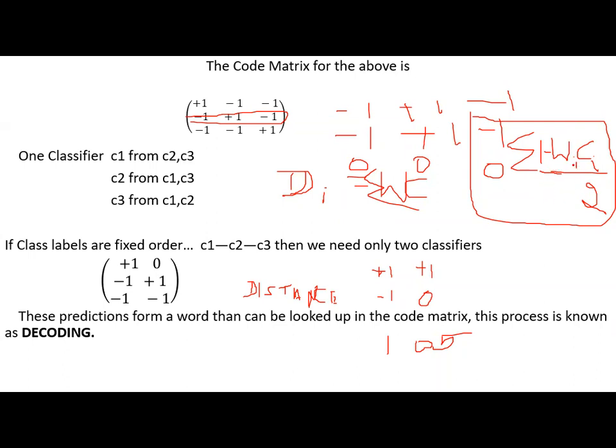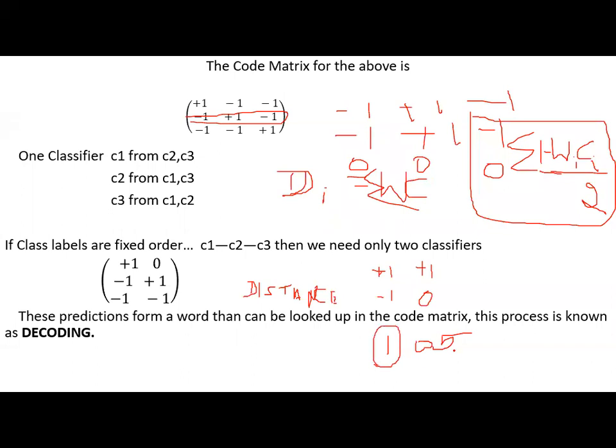And if Wi and Ci vary, for example if the two are -1, -1, then -1 into -1 gives you +1. In that case also 1 minus 1 is 0, and 0 by 2 is 0. But if one has -1 and another has +1, then the product is -1. Minus into minus gives you plus. 1 plus 1 gives you 2. 2 by 2 gives you 1.